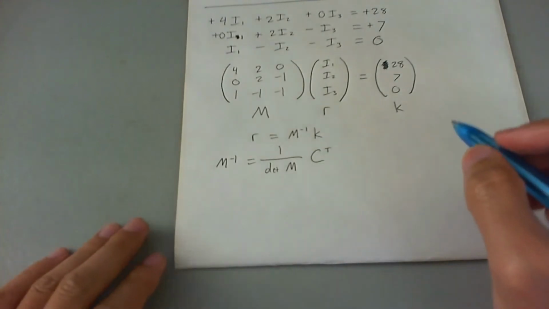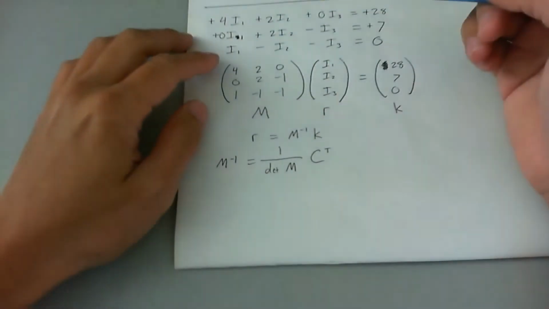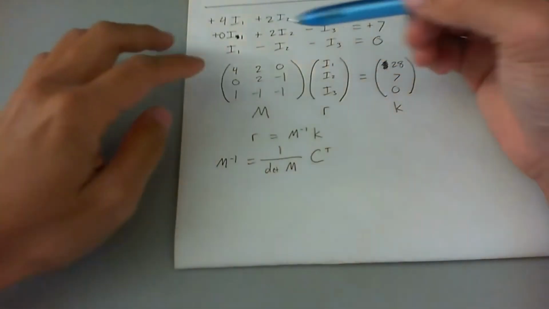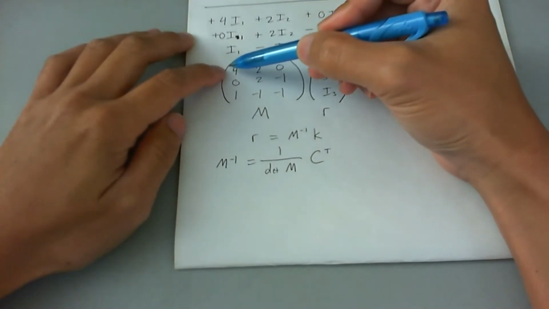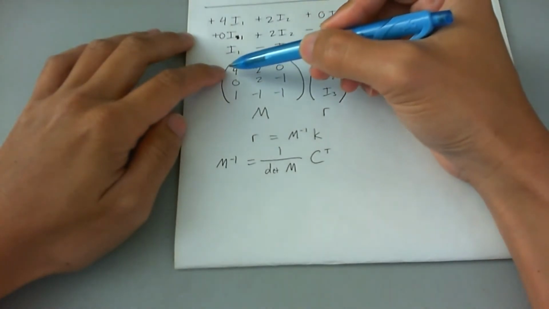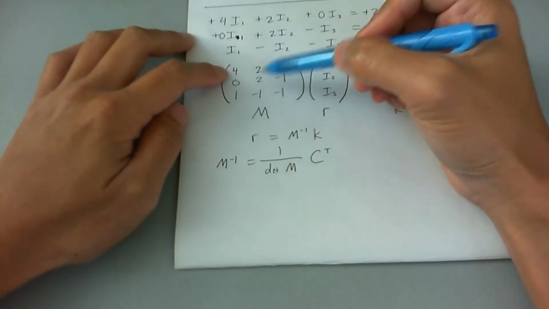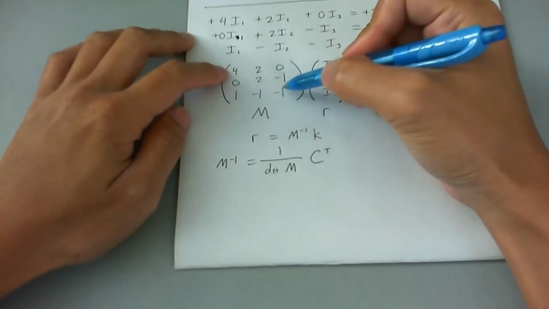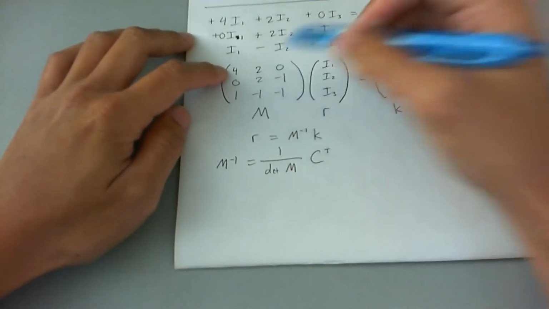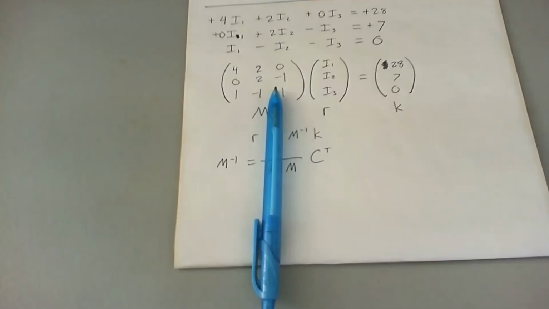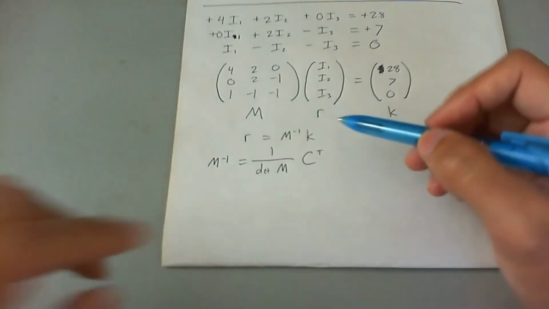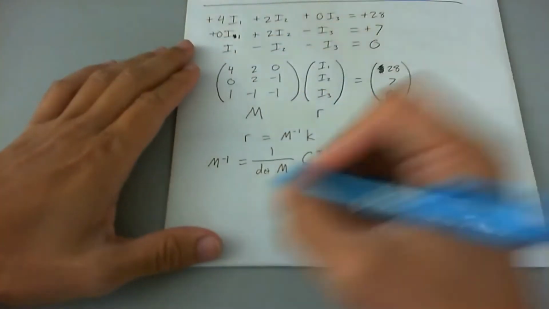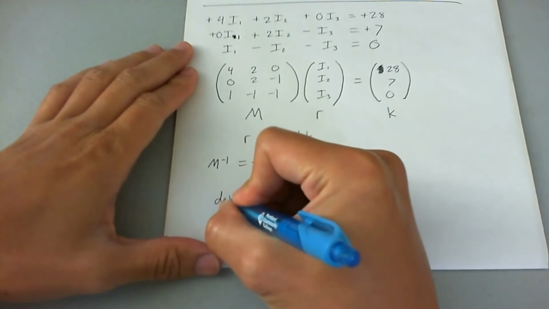The determinant of M is basically this operation here. It is the first element in the first row multiplied by its cofactor. So basically, to find the determinant of M, let's just solve that here.